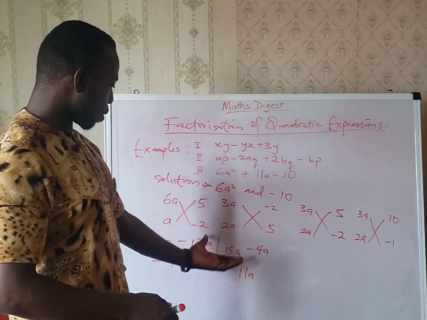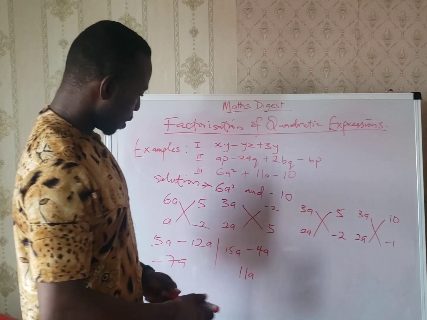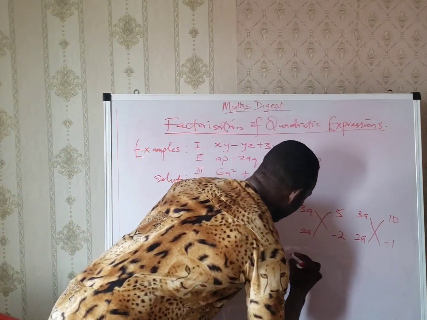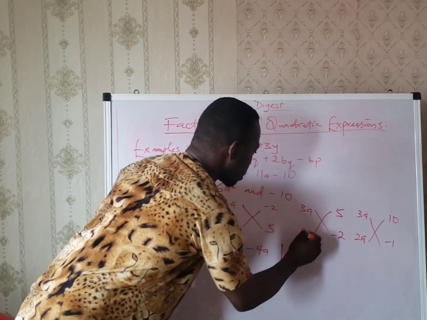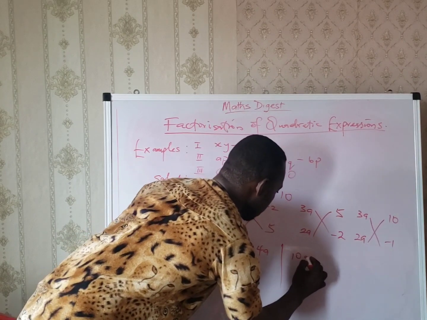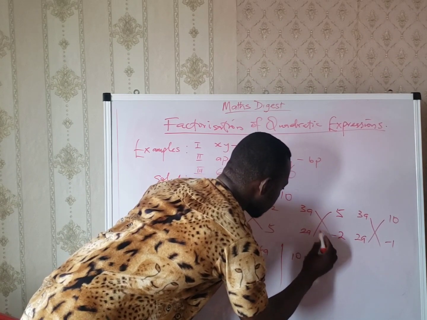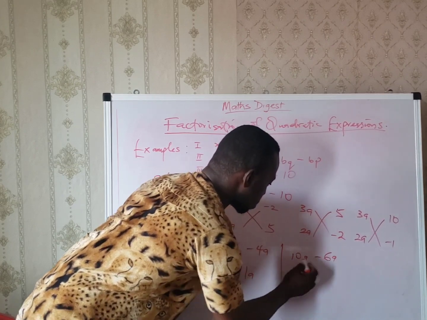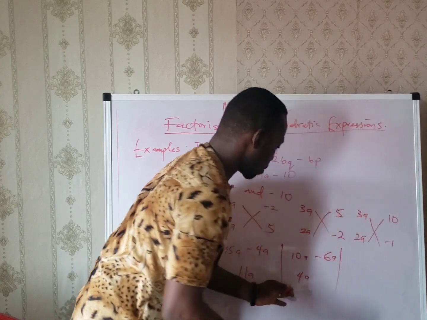So this is actually what you're going to use. Let's see if we still have another one from these ones. Let's start with the positive one first. This times this will give us 10a, and this times this will give us minus 6a. So this minus this is 4a. So this is not the right one.